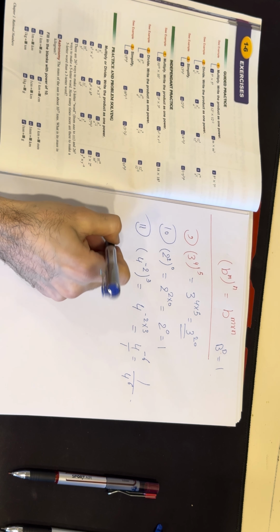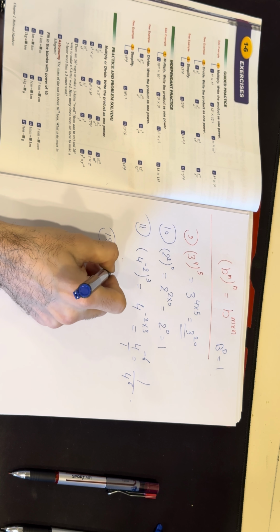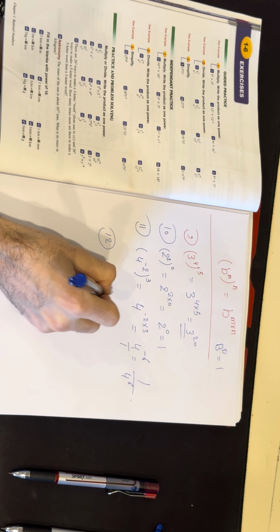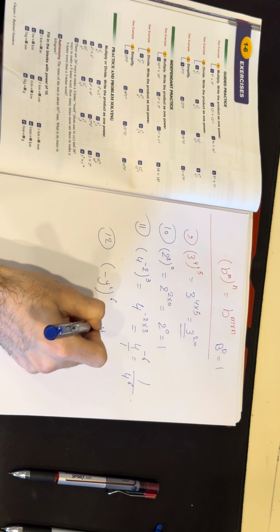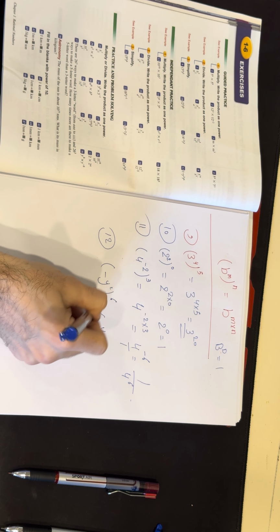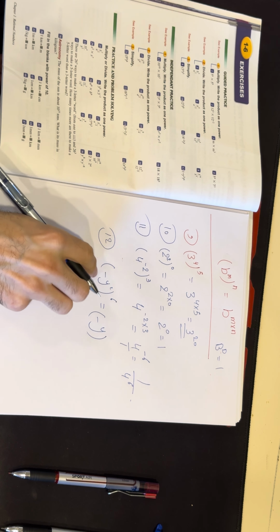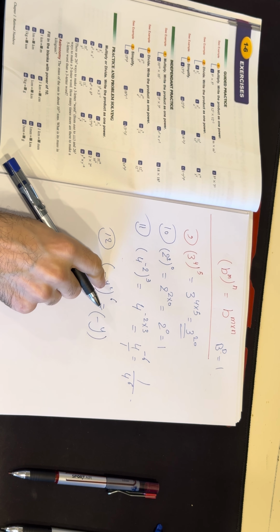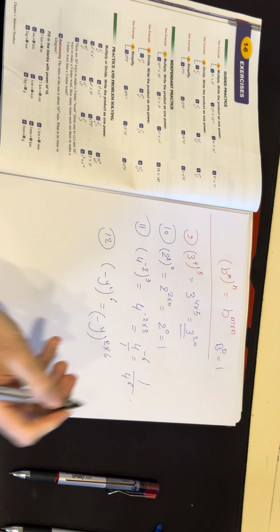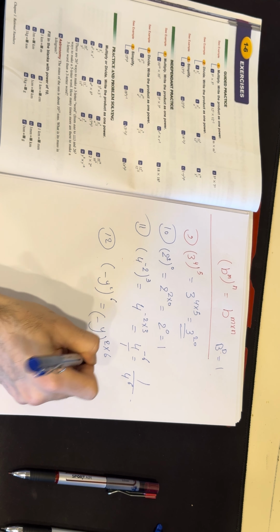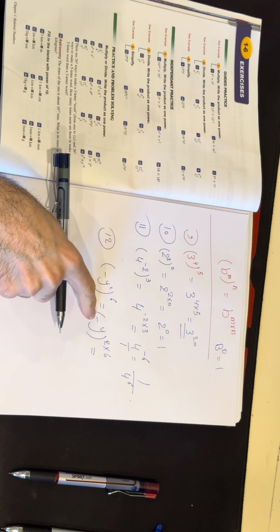Now we have another thing, which is question number 12. We have negative y power 2, all power 6. Again, I'm going to write negative y because it's already negative. I needed to put it in bracket because it's already two things, this negative and the y. Then you're going to say 2 times 6. Why do we keep the bracket? Because of this negative.